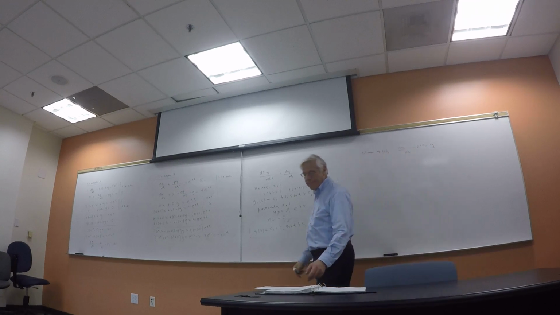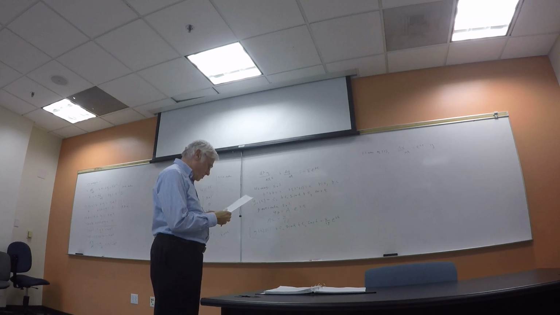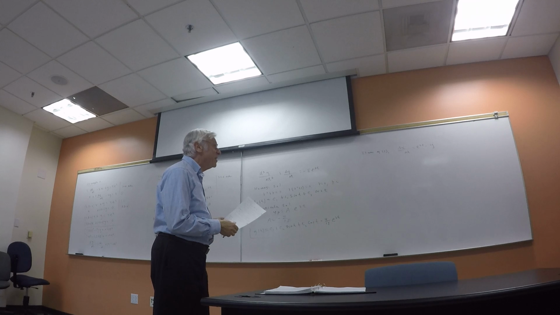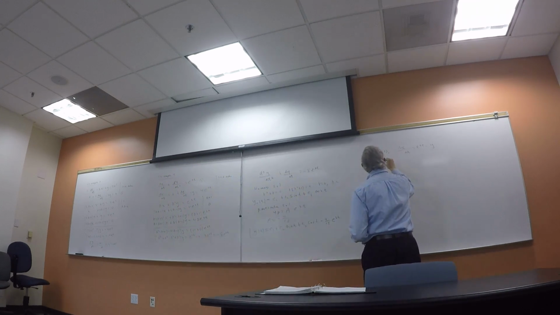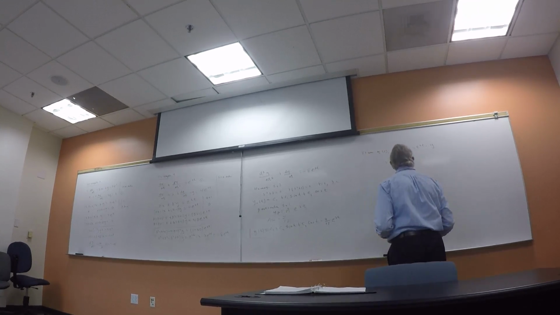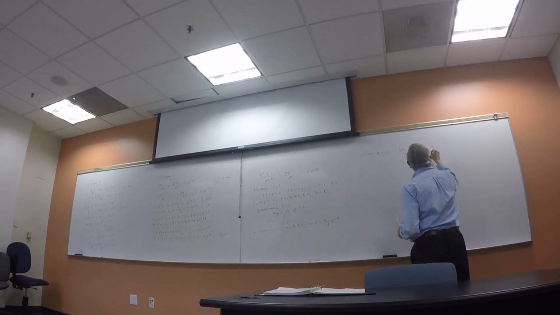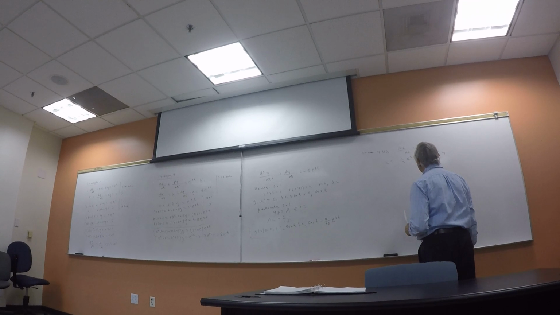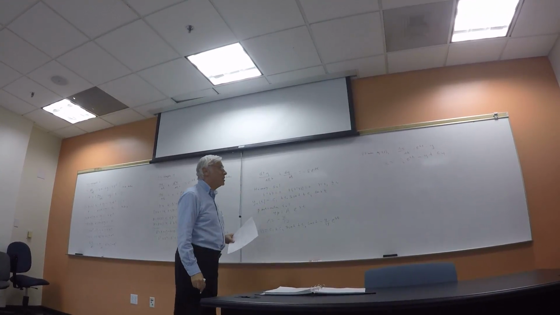X dot is e to the 3t minus y double dot. And then if we integrate that, we find that x is equal to a third e to the 3t minus dy/dt plus an arbitrary constant c4. There's no way out of it. We got it. So that's what's going to happen.